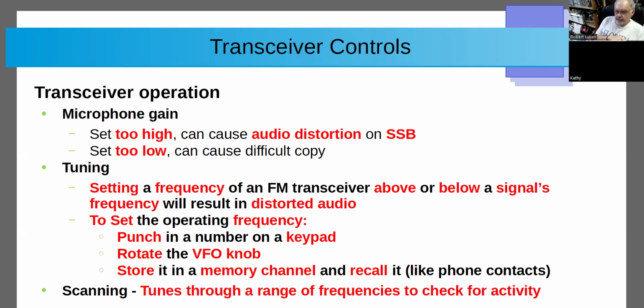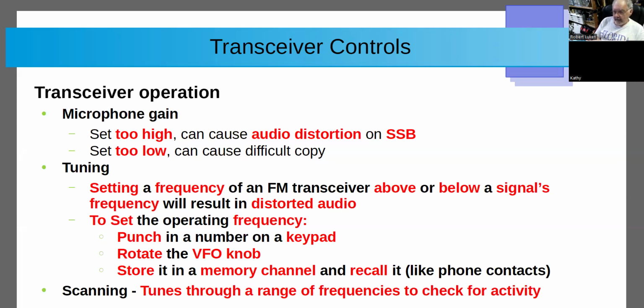And these are really oriented towards FM communications, where, if you have a keyboard or a virtual keyboard on your radio, you can actually put the frequency in and store it in the channel. Or you can just, like I mentioned, rotate the VFO knob.